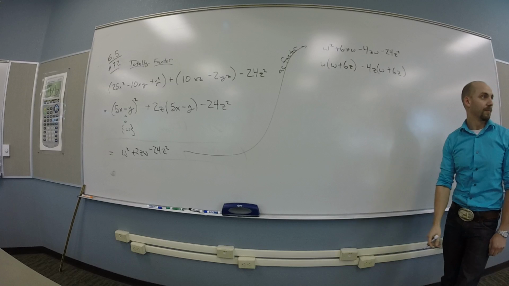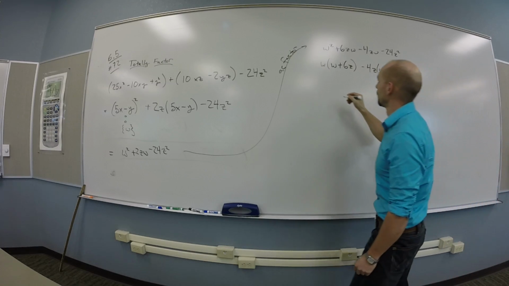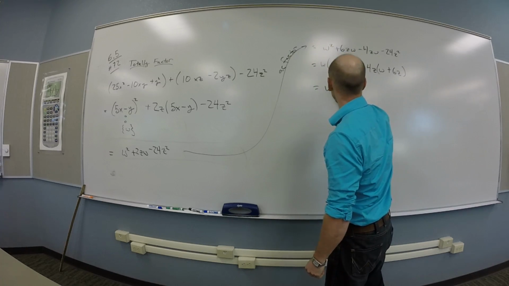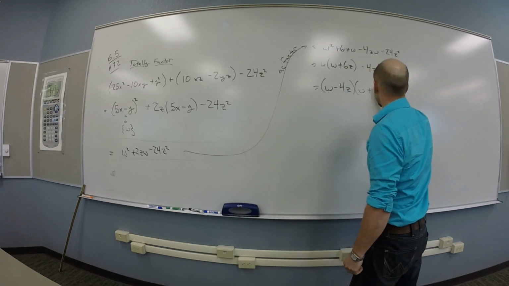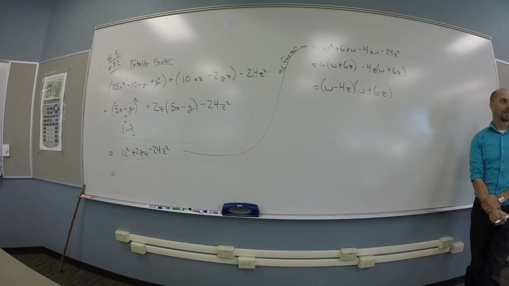This should be the same. Then I factor the W plus 6z out, and I'm left with W minus 4z times W plus 6z. That worked nicer than I thought it would.